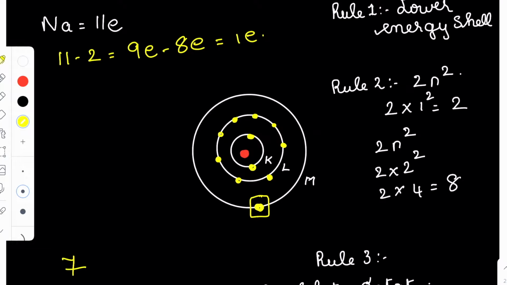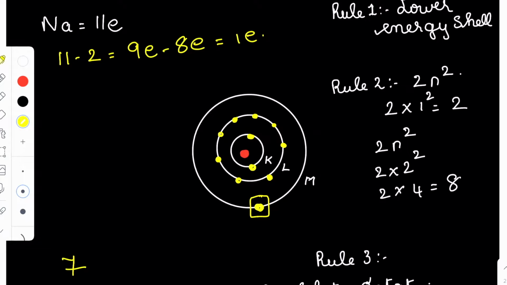Hence, sodium combines with chlorine, giving away its electron to form sodium chloride. The common salt we eat every day is nothing but a combination of sodium and chloride. So far, it's clear.